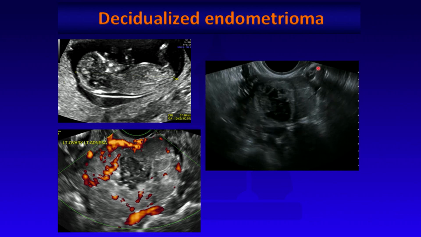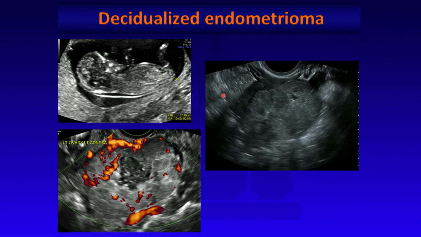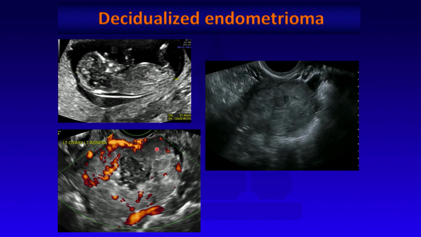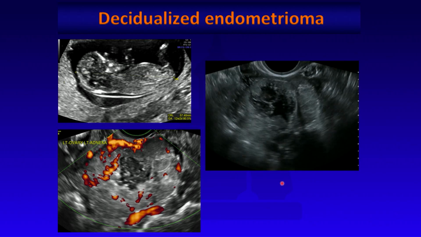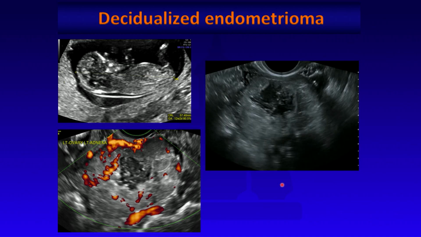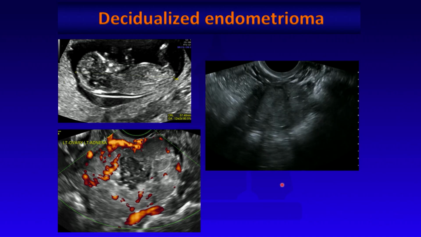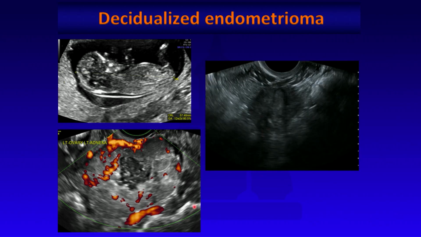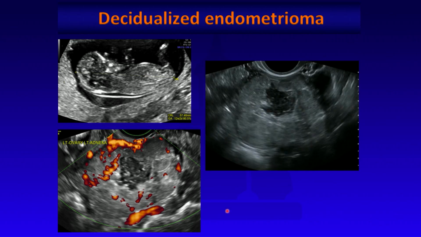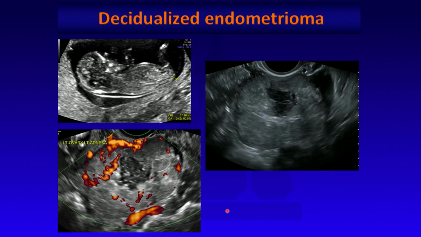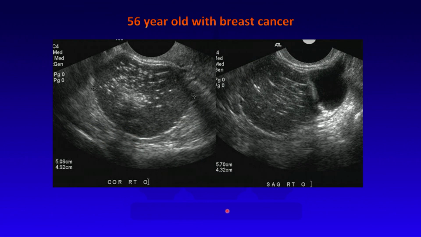Here's a patient who is pregnant and she has this really ugly-looking ovarian lesion, very solid-appearing with increased vascularity. If you're lucky, the patient has had a previous ultrasound that showed an endometrioma. Otherwise, at least mention it in the report and let the gynecologist deal with it. I have to say this is a scary lesion, but it resolved after the baby was delivered. This was a decidualized endometrioma. So just something to keep in mind.